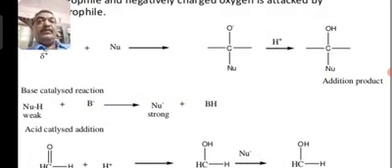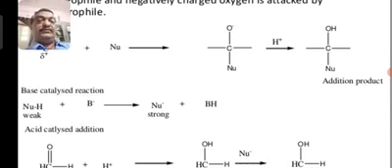The nucleophilic addition reaction can take place in two ways: a base catalyzed reaction and an acid catalyzed reaction. In the case of a base catalyzed reaction, the nucleophilic reagent is weak, so it will react with the base.